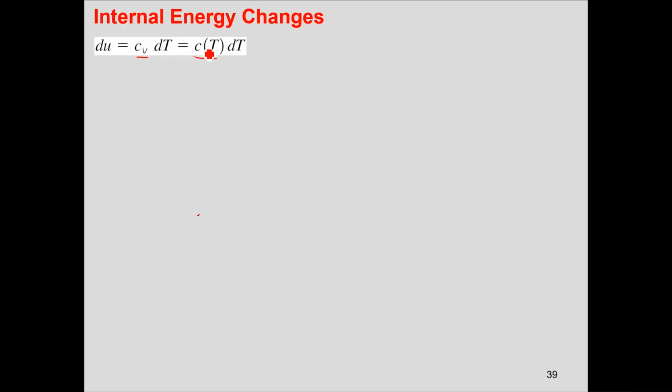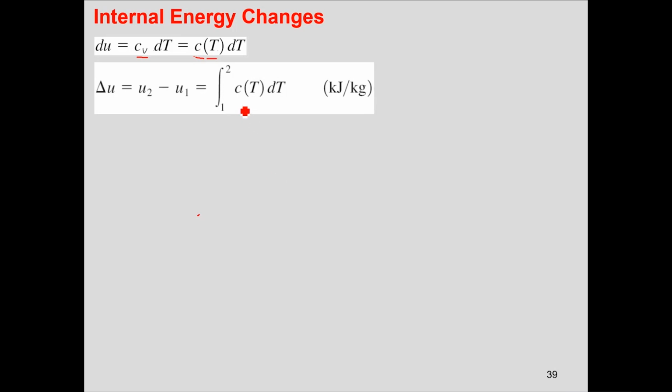Since there is no Cv and Cp, there is only one specific heat C, and you can integrate du with regard to temperature, if you know the relationship of specific heat with temperature from 1 to 2, in order to find delta U. And if you don't, you can use the approximation where delta U is approximately equal to C average multiplied by dT, the change in temperature. C average is the value of specific heat at the average temperature of T2 and T1.